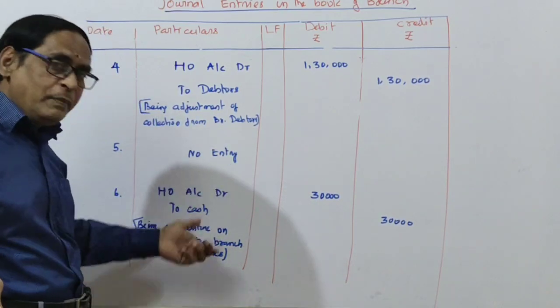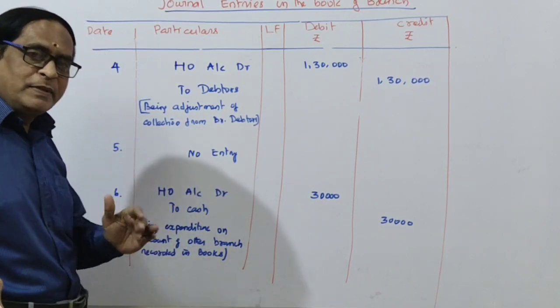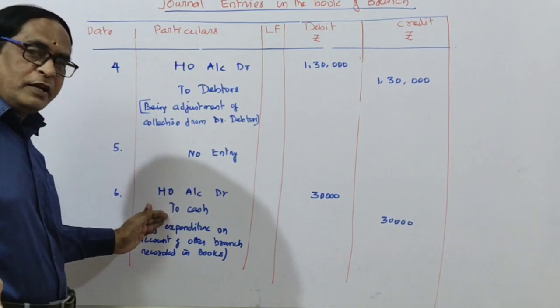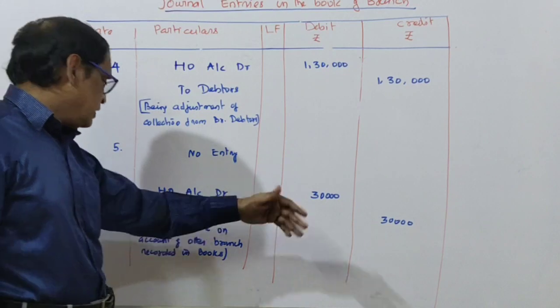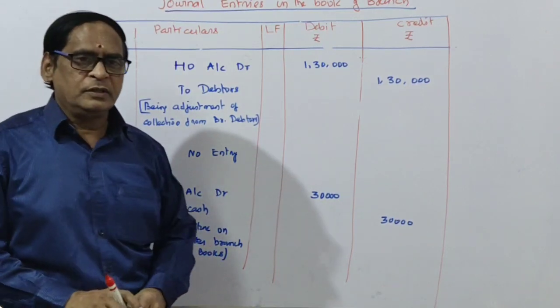So we have to debit the head office account. Only for head office are we meeting some expenses belonging to other branches. So head office should be debited, and what is going out? Cash. So cash will be credited. Head office account debit to cash. Being expenditure on account of other branch recorded in books. That is enough.